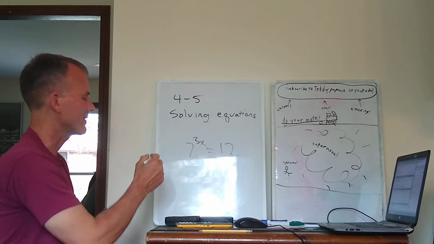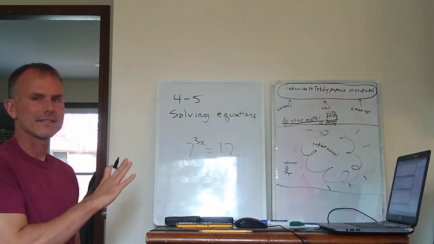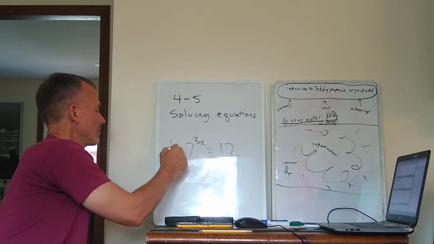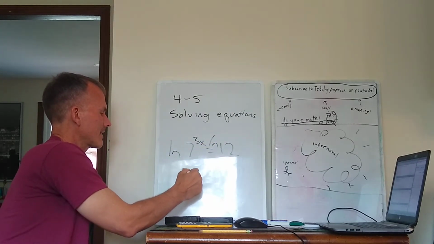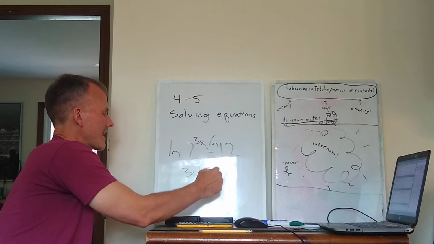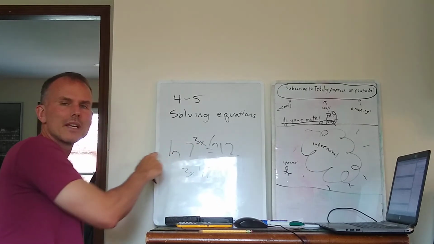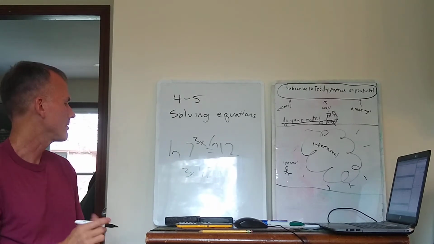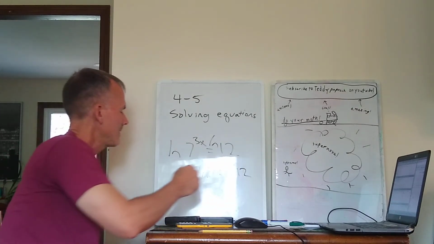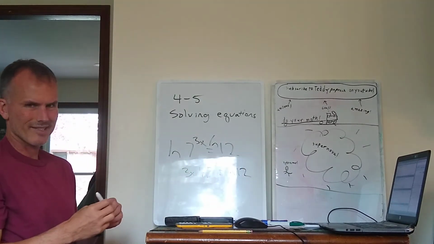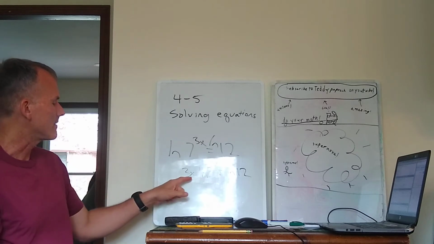So to do a problem like this, and this isn't the one that I was intending to do, but it won't take a second: I take the natural log of both sides, and I get 3x times natural log 7. See, the 3x came out in front there using the third law of logarithms. And over here, I get natural log 12. Then I'm still just one step away from having x isolated.